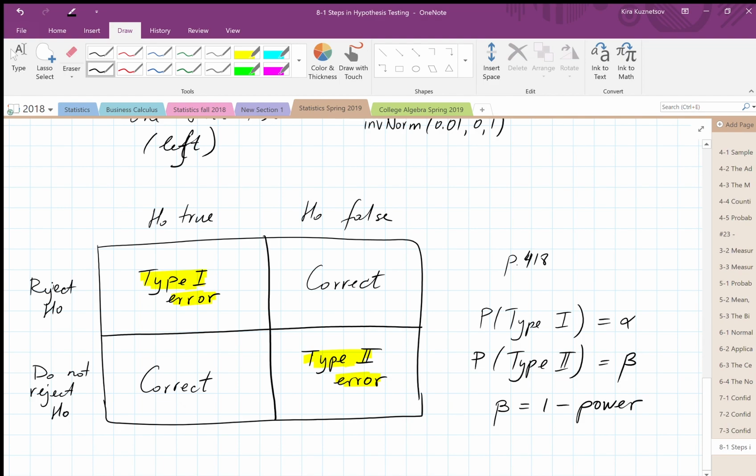Now, we do not have software to identify the power of a test. Therefore, the probability of type 2 error will be a hypothetical thing. This is actually the end of the definitions of chapter 8, and we'll start with 8-2, which are actual tests. The rest of chapter 8 and chapter 9 will be basically going through all of the tests that are included in this book and in your calculator.